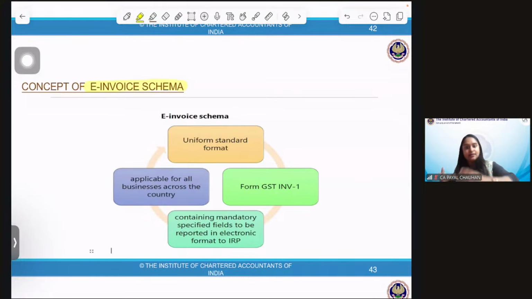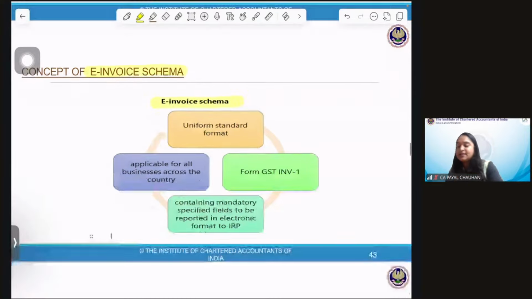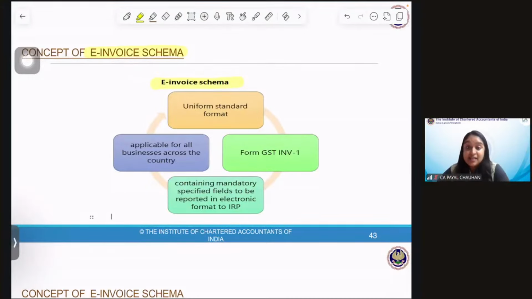Yes, these are the certain information which has to be uploaded on IRP, and that standard form is known as the e-invoice schema. It's a uniform standard format, and the standard format is known as GST INV1.